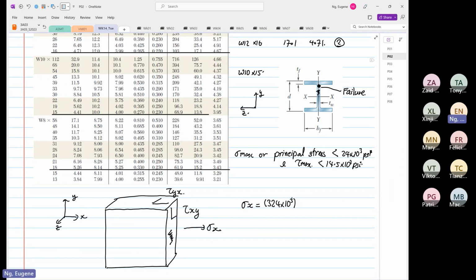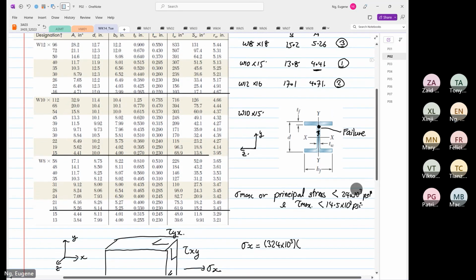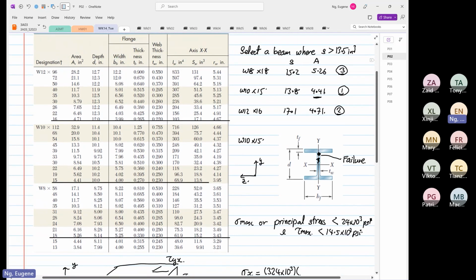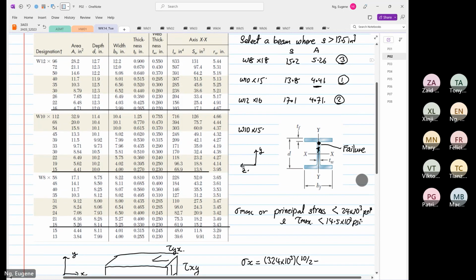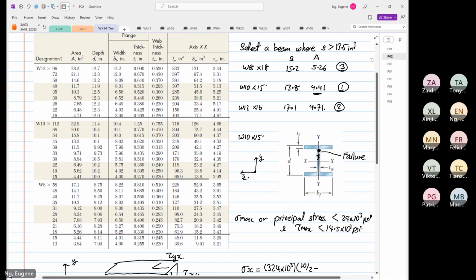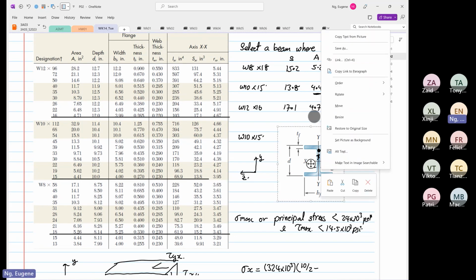And then our y bar, that distance, is d divided by 2, so d, which is 10, divided by 2, minus tf, which is equal to 0.27.